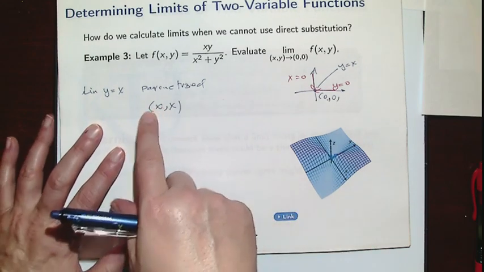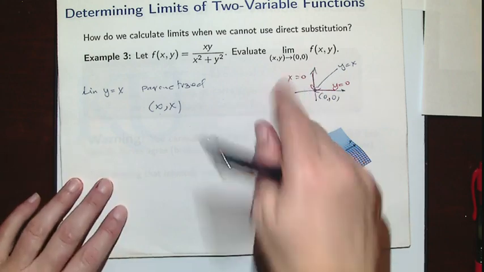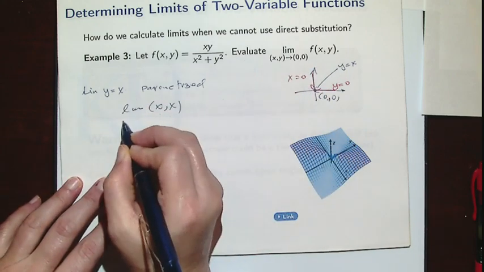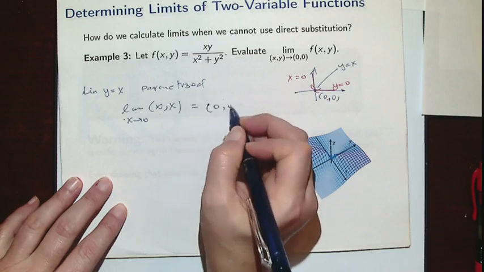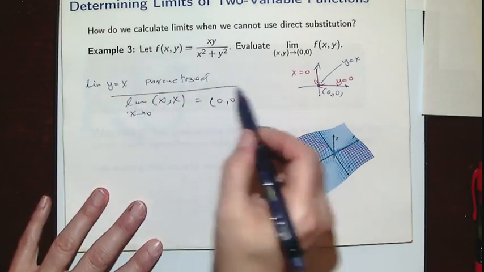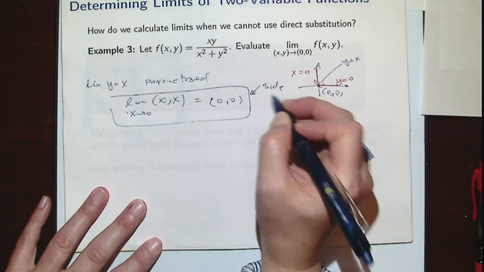So what does x approach for this to approach 0, 0? x has to go to 0 to go to 0, 0. So that's a side note for us to understand.